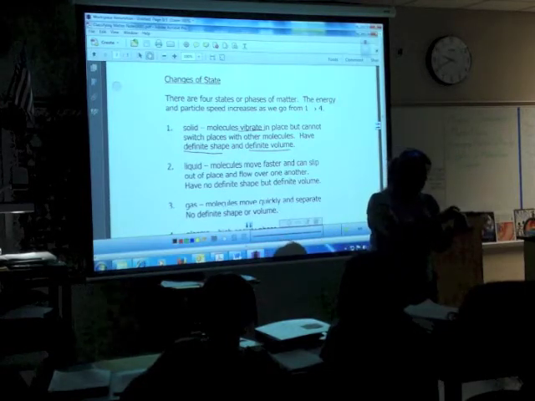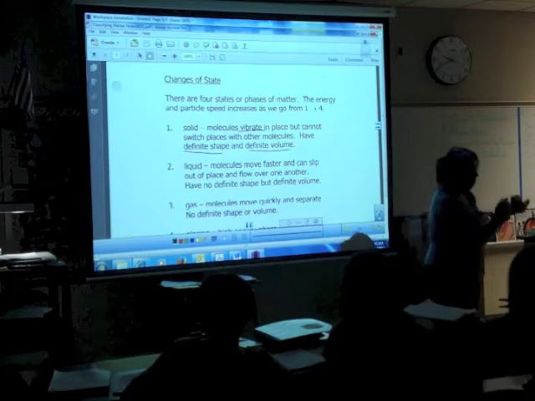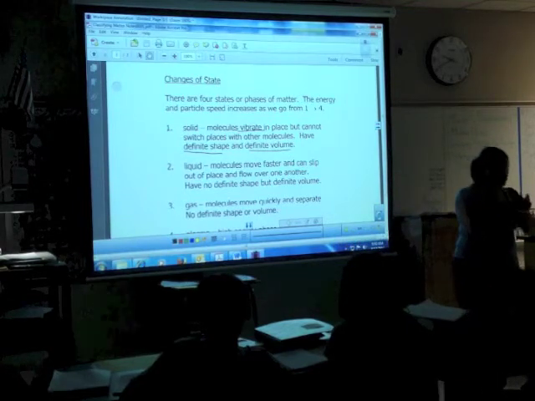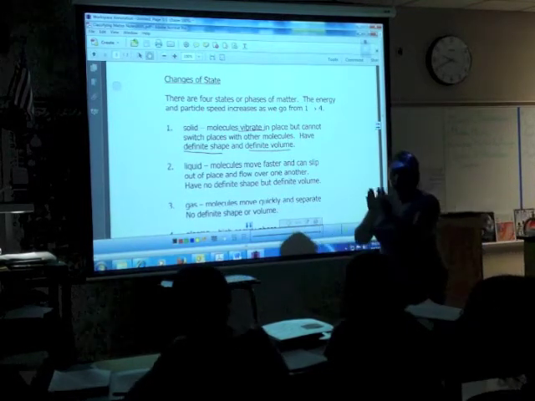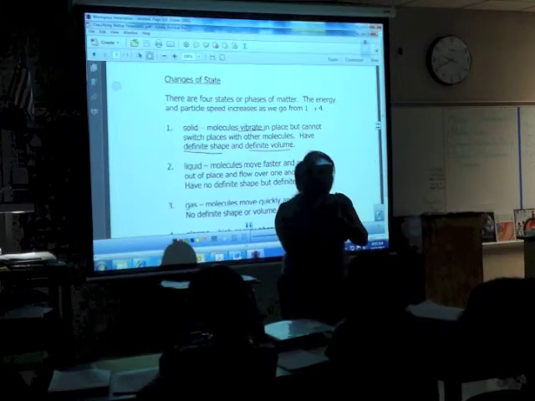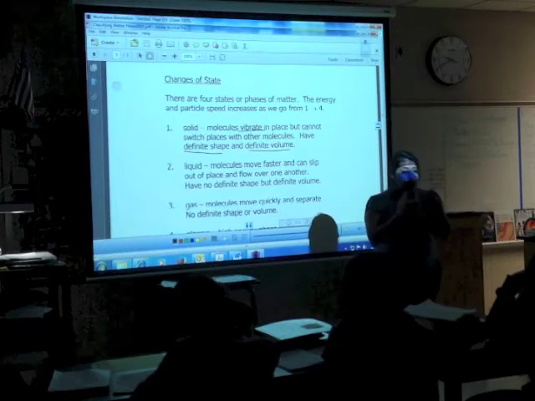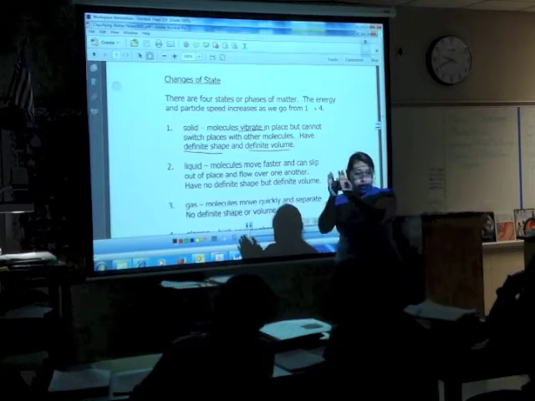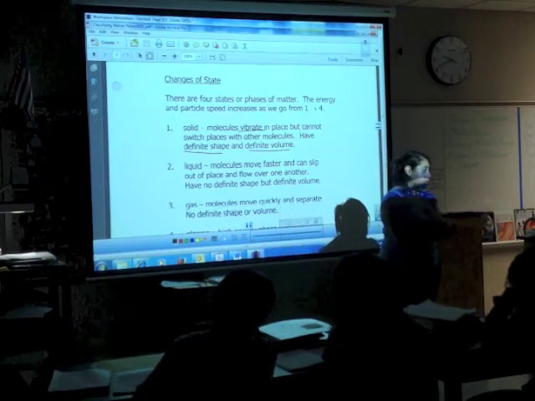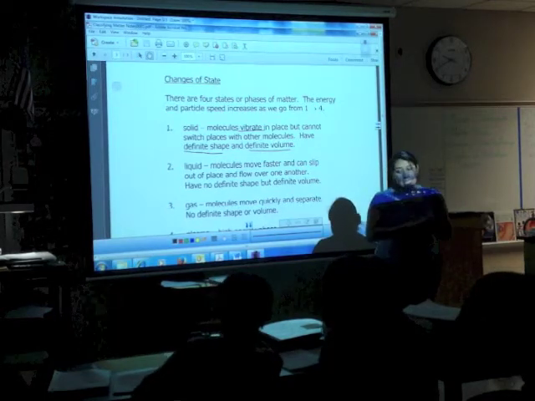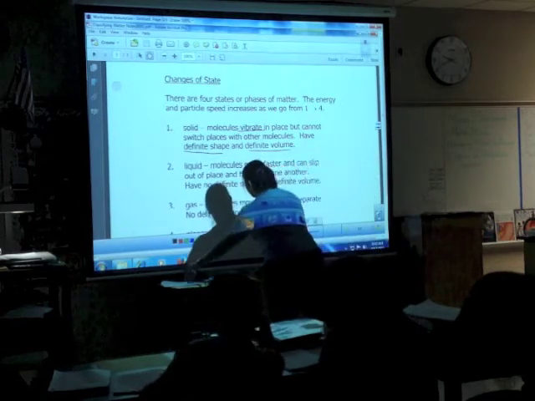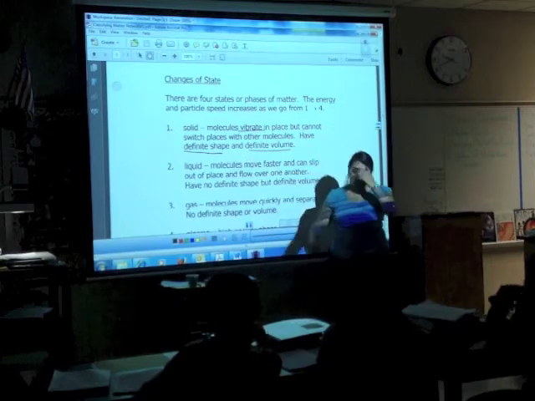Will this marble at the bottom ever get to the top? No. No matter how much I shake, no matter what I do, it's going to stay where it's at, right? But they're moving. That is how the particles of a solid move. They vibrate and shake in place, but they can't move positions.